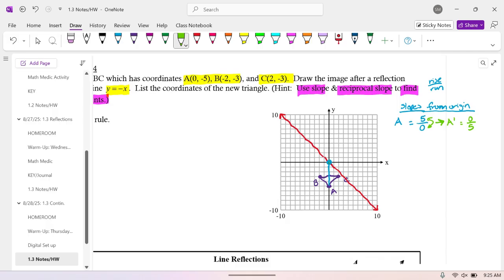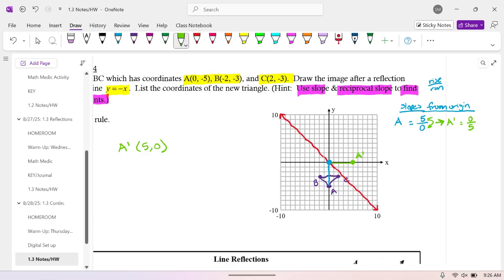So that means we're not going up any from the origin, but we are going over 5. So 1, 2, 3, 4, 5. So right here. So this would be our A prime. So A prime would be at what point? 5, 0. All right, so that's our first point.